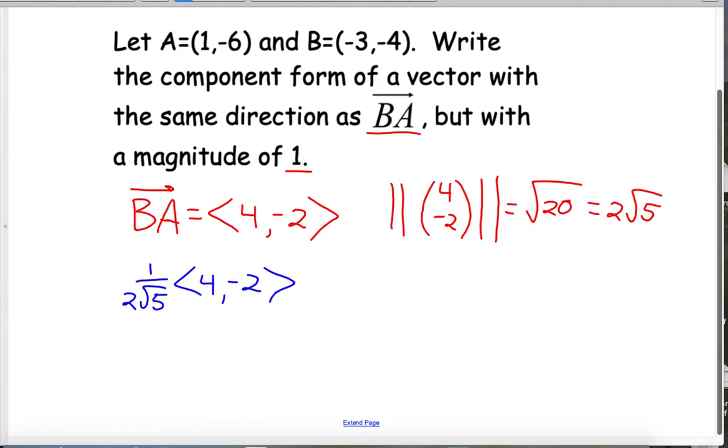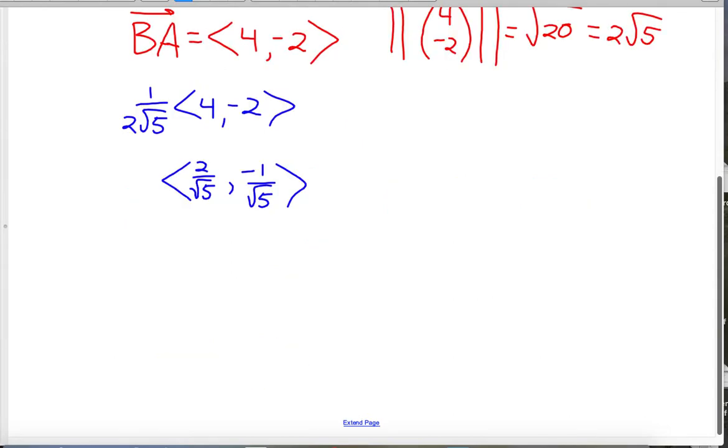When I simplify this, I'm going to get the vector (4/(2√5), which is 2/√5, and then we can rationalize that in a minute, and then -1/√5. If I rationalize that, I'm going to get (2√5/5, -√5/5).